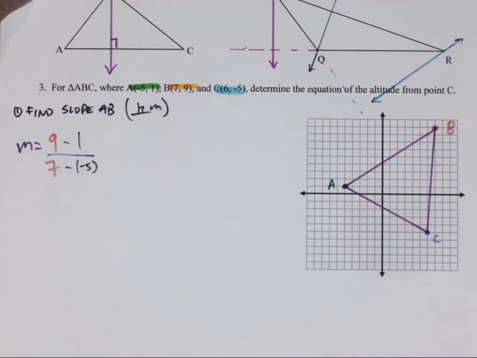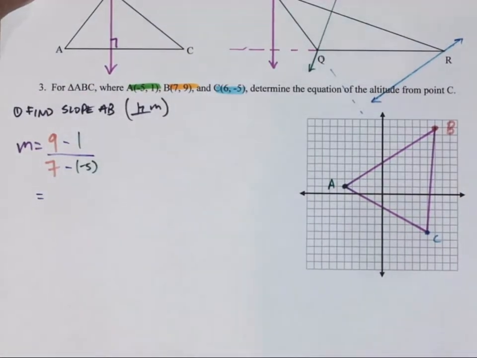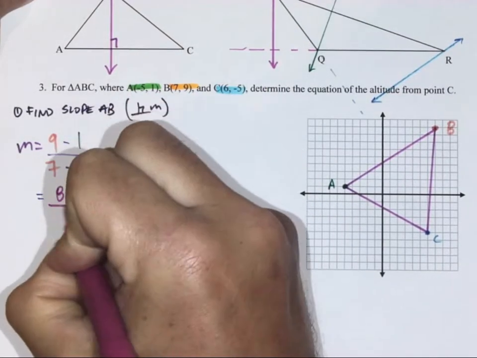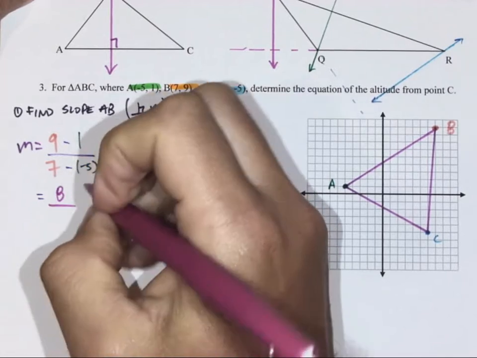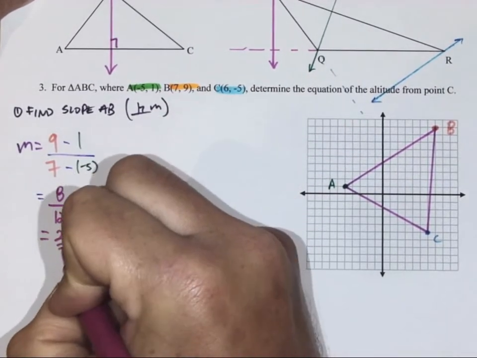And the next step, you guessed it, we do the math. 9 minus 1, 7 minus negative 5, 7 plus 5, 8 over 12, which we reduce to be 2/3.